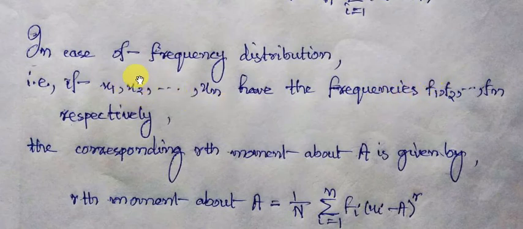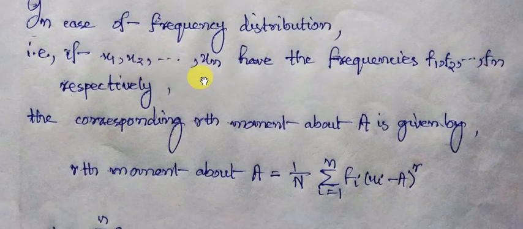Similarly, the x2 observation has appeared f2 times. So on, the xn observation has appeared fn times. So how many observations are there? Obviously, that would be the sum of all these frequencies.